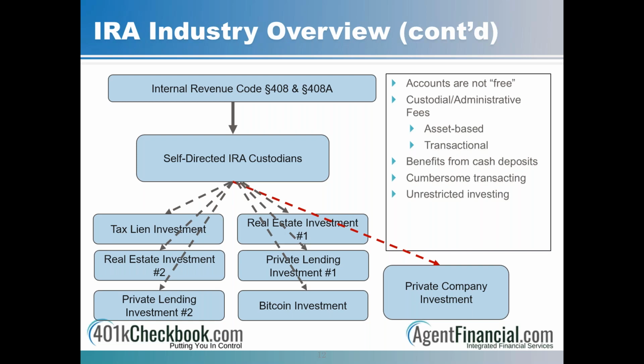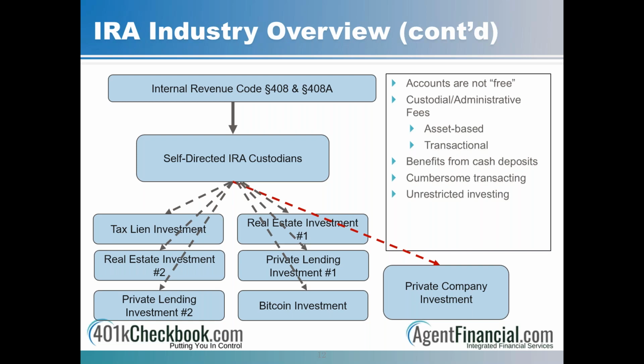So with your regular self-directed IRA custodian, you're going to have cumbersome transacting, but you'll have unrestricted investing. You'll have fees, but again, a lot of the benefit of your funds are accruing to the custodian. Not all the benefit accrues to you.